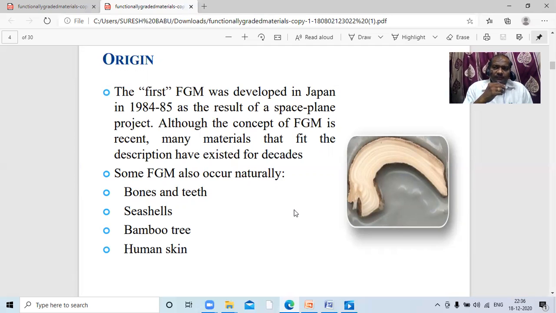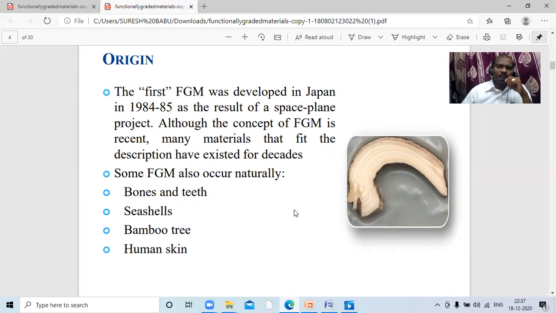Seashells are also very tough. Bamboo tree has a specific strength in one direction and very weak strength in another direction. Human skin has a peculiar nature when compared with the remaining types of surfaces. So like this we can explain FGM examples.